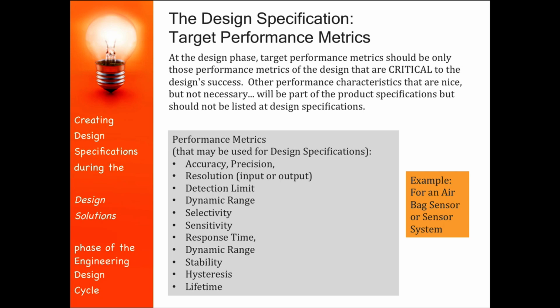In such a system, we can imagine that if the sensor does not detect an acceleration at a low enough level or detection limit to protect the occupants of the vehicle, it is likely to be a sensor and a design failure. Thus, the detection limit will be included in the design specification at a level consistent with safety standards and product expectations in that sector. This is but one example of a necessary performance metric that should be included in a design specification.